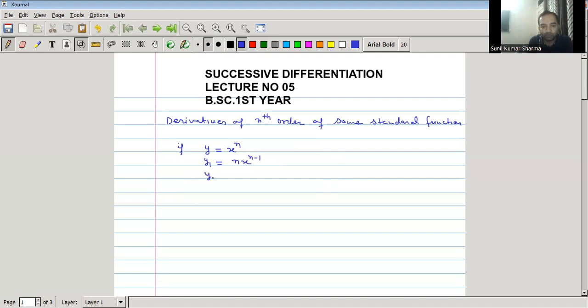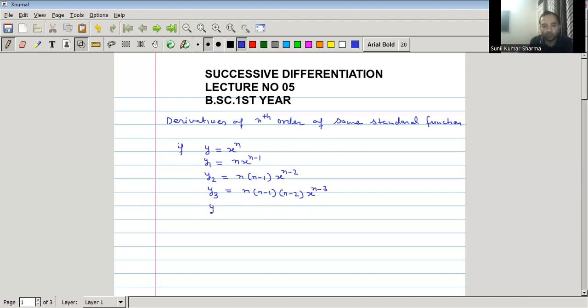Now again differentiate. We get y2. y2 is the second derivative of y with respect to x, that is n into n minus 1 x raised to n minus 2. Now again differentiate with respect to x, we find y3: n into n minus 1 into n minus 2 x raised to n minus 3.